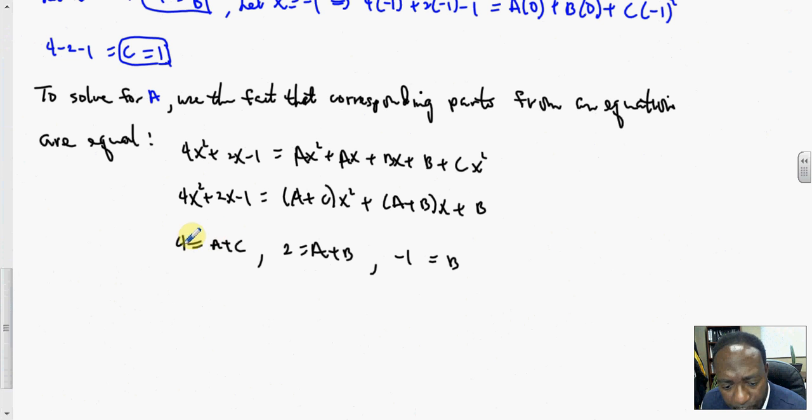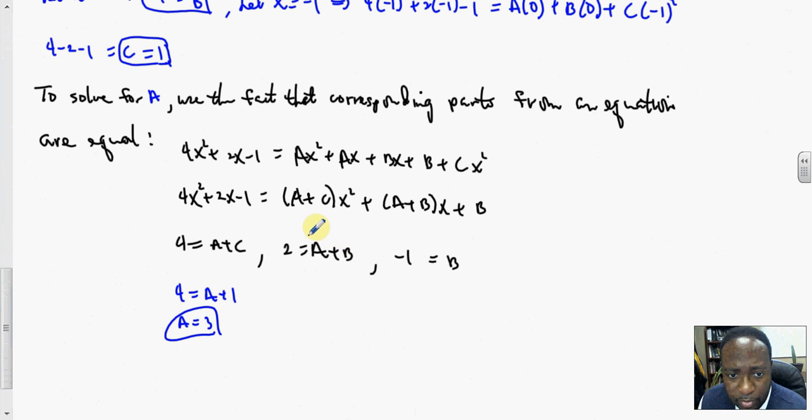Anyway, you got 4 equal to a plus c. If you know c, you can solve for a. Well, c is 1. So we get 4 is equal to a plus 1, a is equal to 3. And it should be consistent.